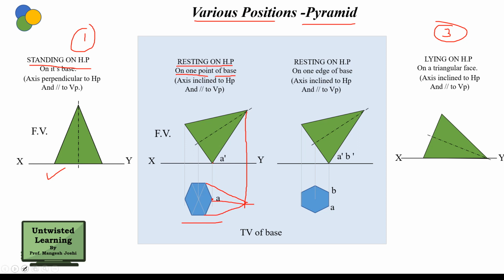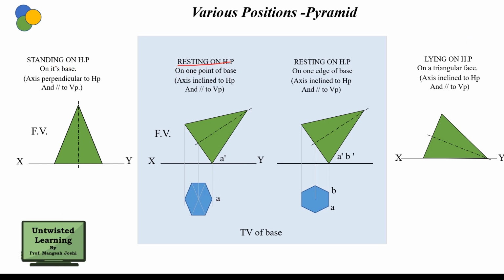Okay, so that is the position of a pyramid resting on HP on one point of base. So this is the base point. It is resting on only a single point, you can see.